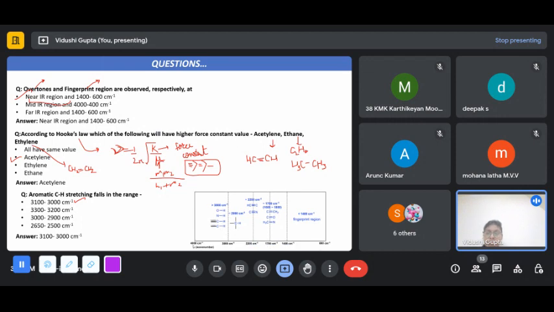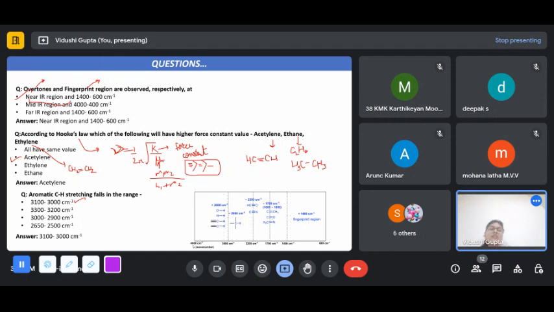Actually, you all have to remember the values of CH stretching, carbonyl, OH, NH. All these values you have to memorize. For OH stretching, it will be near about 3200 to 3300. For CH, it will be near about 2900 centimeter inverse. For nitriles or triple bonds, it will be approximately 2200.